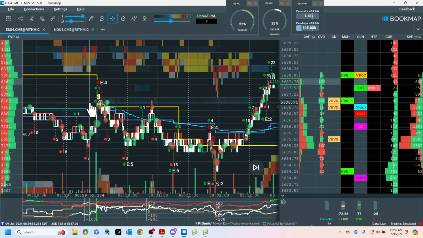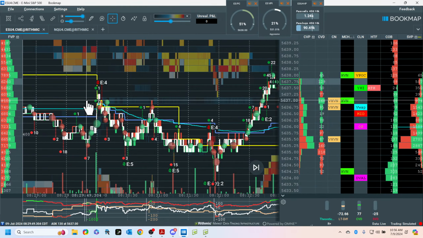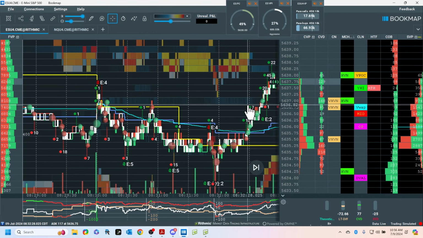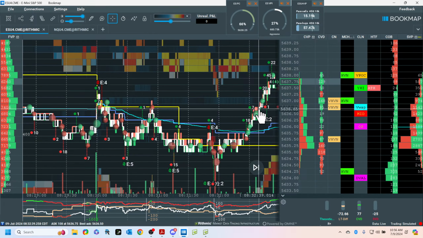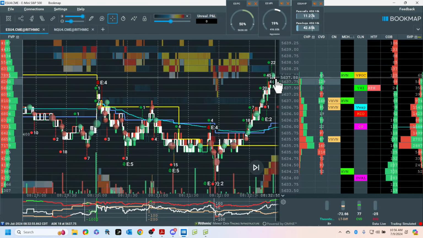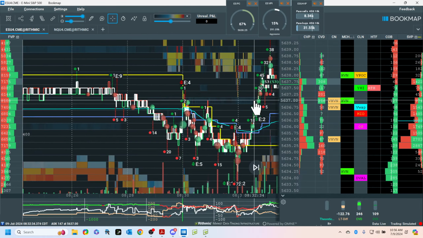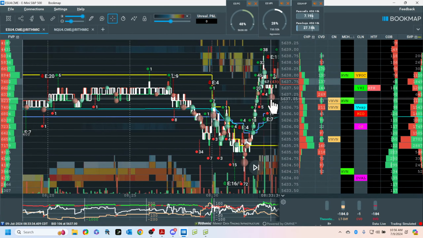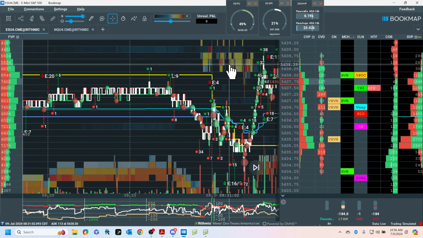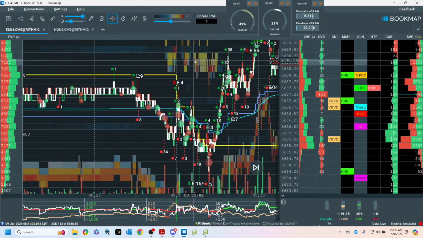This little structure up here is resistance. You guys know what this is. Resistance is here. See where we pause. Break high. Now what? Watch. Test. Potential long. You see it?